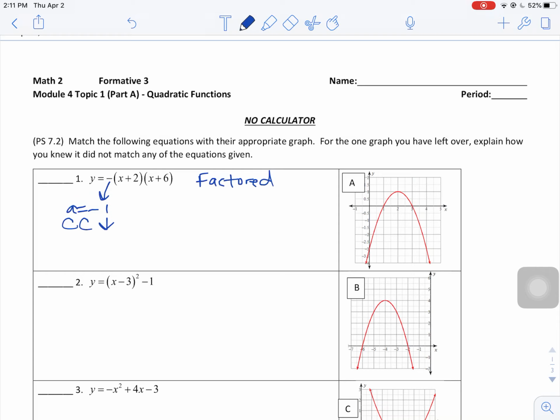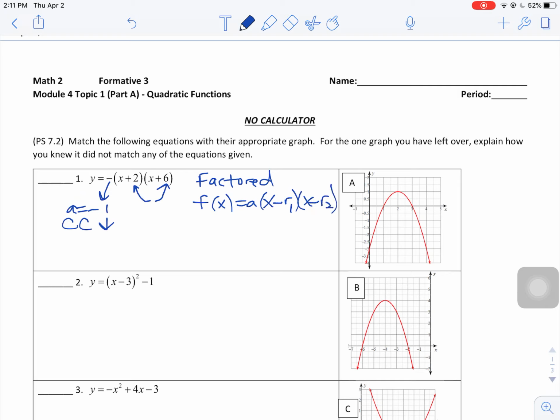Then, from factored form, your numbers in your parentheses are your R values. And the generic factored form equation is this right here. So a times x minus r sub 1, and then x minus r sub 2.